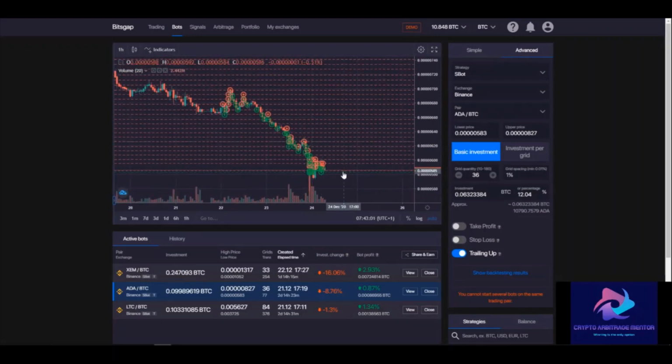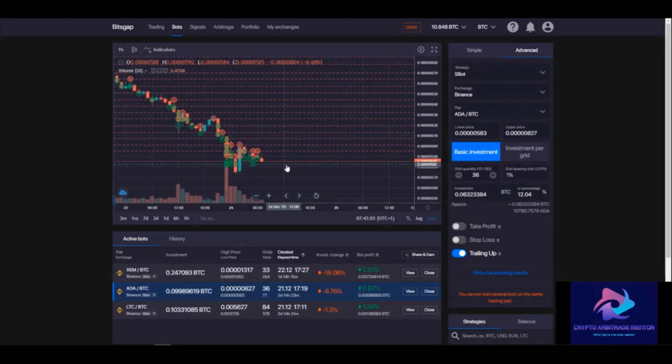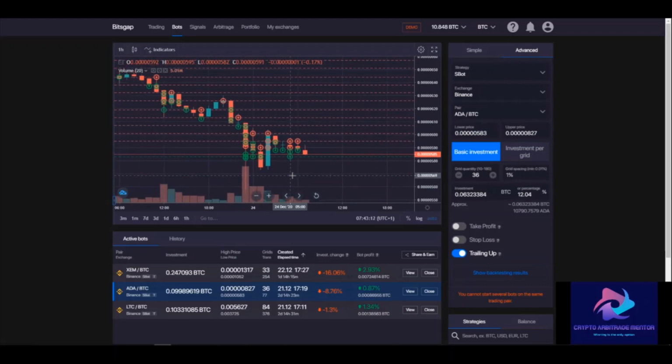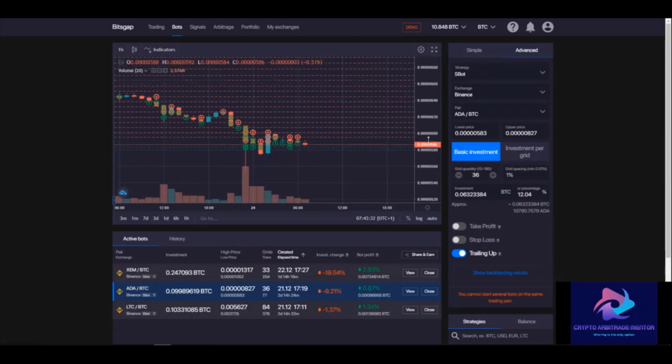The problem is that my last price for buying was this one, and in 2 hours the price goes below my lower price, and in that case the bot can't buy more trades or more coins. So it's very important to set very well the grid that you are going to set for your bot.